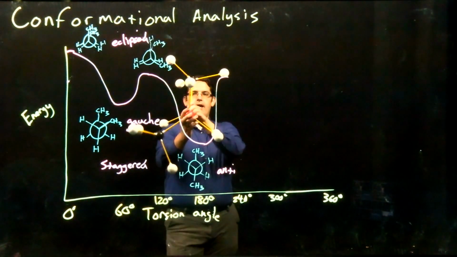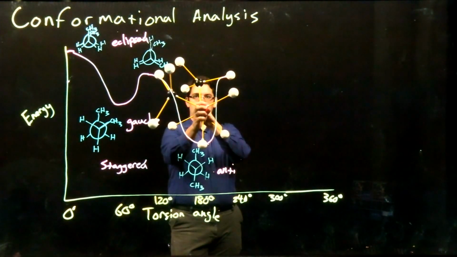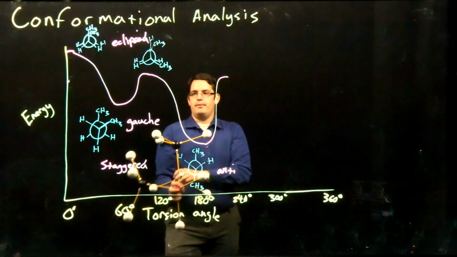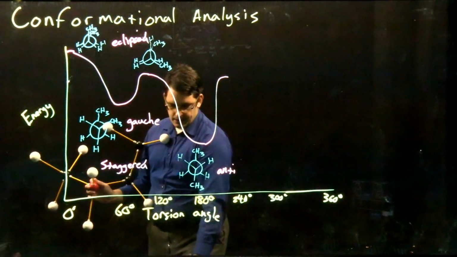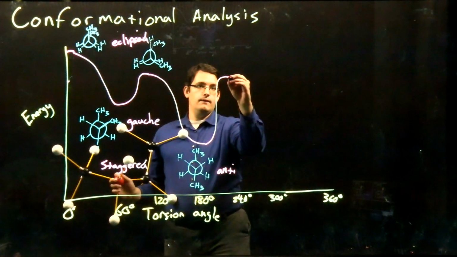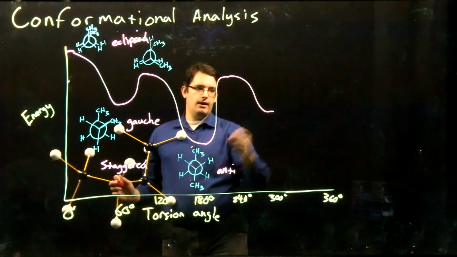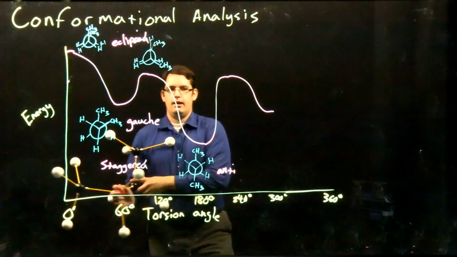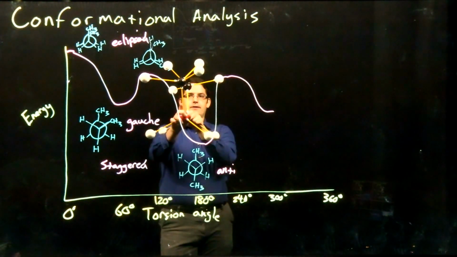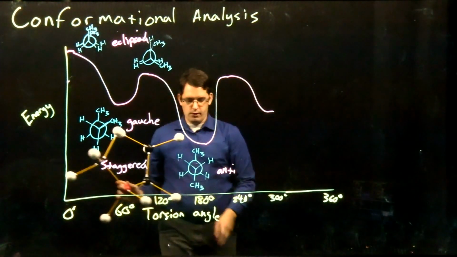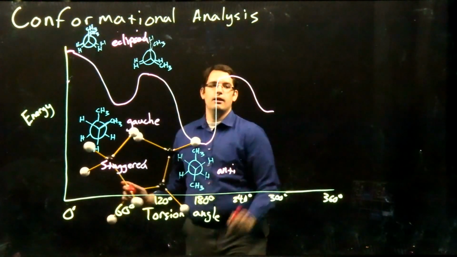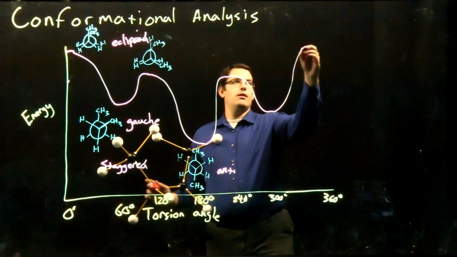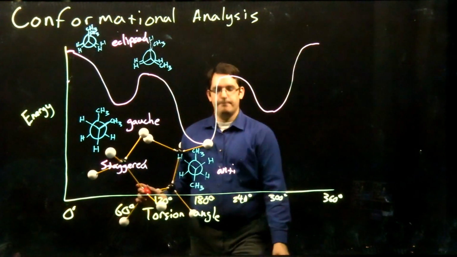We rotate again, and we get another gauche staggered conformation, but with our carbon on the other side. So we go on to our staggered conformation, but not as good as our anti. And then, of course, our final rotation brings us back to the worst eclipsed conformation at 0 or 360 degrees.